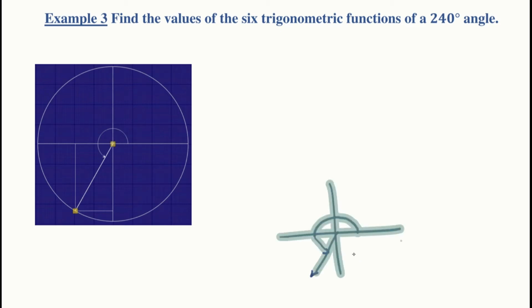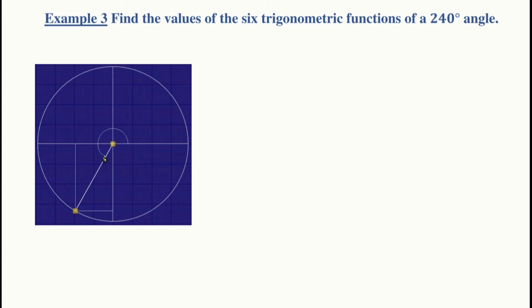So let me go ahead and get rid of that now that you can see. Now the reference angle is actually going to be this angle right here, right? And if you recall, this is going to be a third quadrant scenario where we're going to take the original angle and take away the 180 from it to get the reference angle, right?